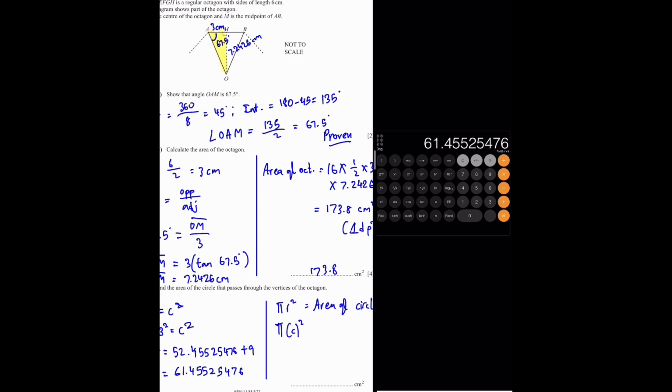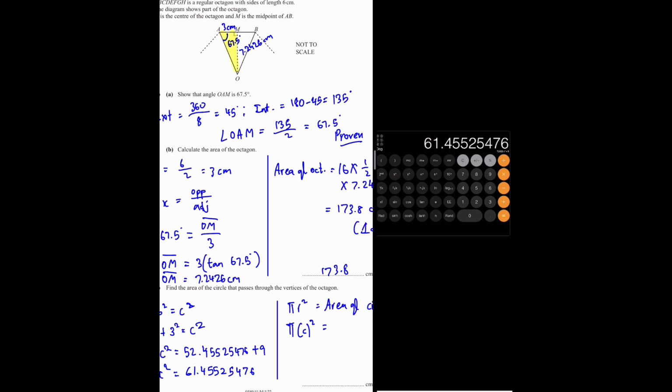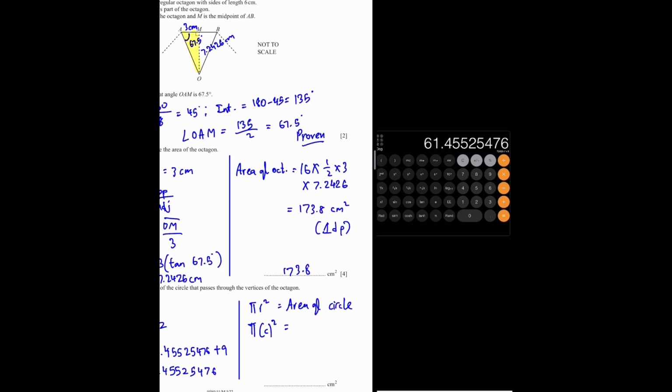So pi into c squared, which will be, because we know what c squared is, we found it just now, 61.45525476. So we found this value. So that means we can simply multiply this value by pi. So when we do that, we get approximately 193.07 centimeters squared. That's the answer.